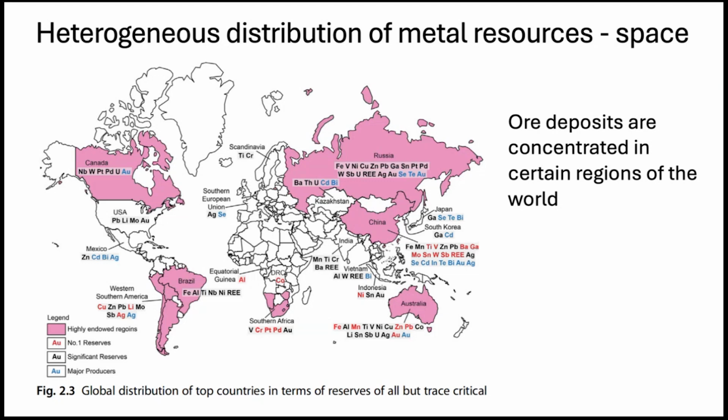What the cutoff is, I don't know. I don't remember them actually saying. But nevertheless, you can see that Russia, China, Australia, South America, Canada, I would have put the United States as pink, but that's just me. Yeah, so again, concentrated in certain parts of the world.